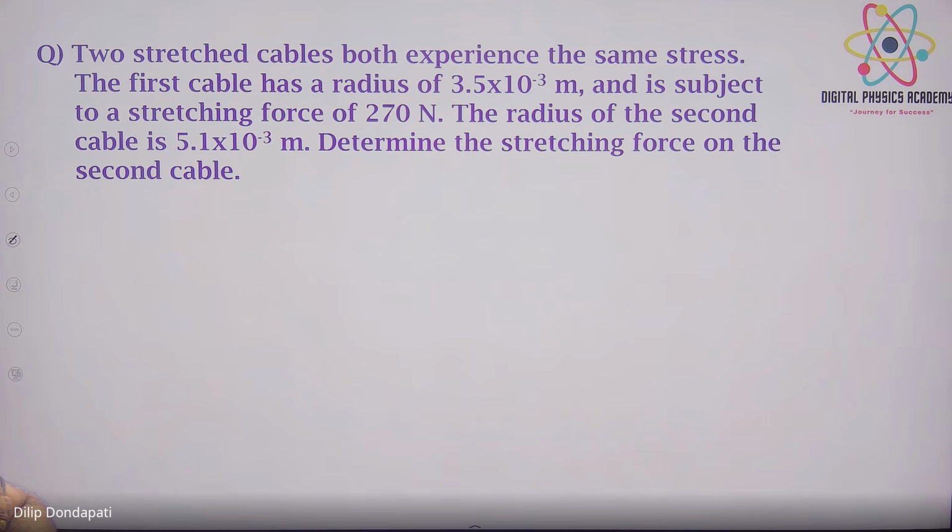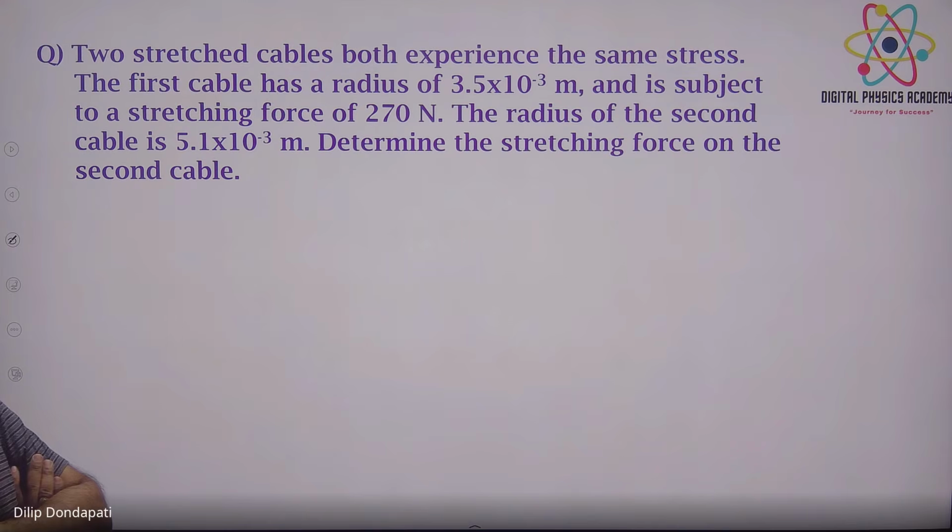Determine the stretching force of the second cable. Force चाहिए. दोनों have the same stress. Calculate.